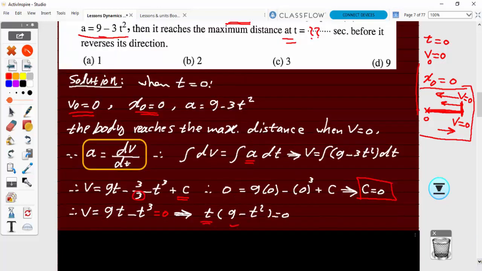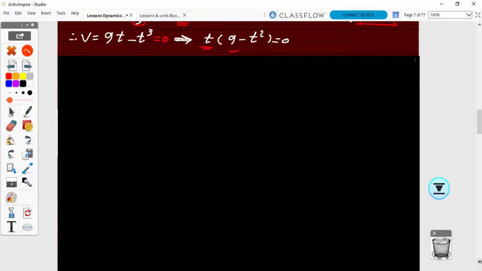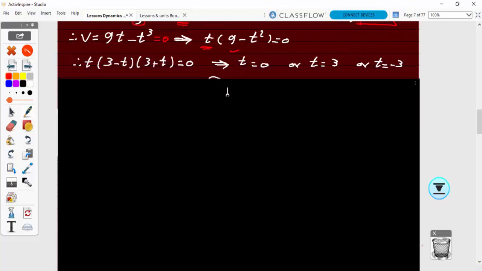To complete the solution, we write t, and here we have a difference of two squares: 3 minus t multiplied by 3 plus t equals 0. It means t equals 0, of course, it is at the beginning, or t equals 3, or t equals negative 3. When 3 plus t equals 0, t equals negative 3, of course, it's refused.